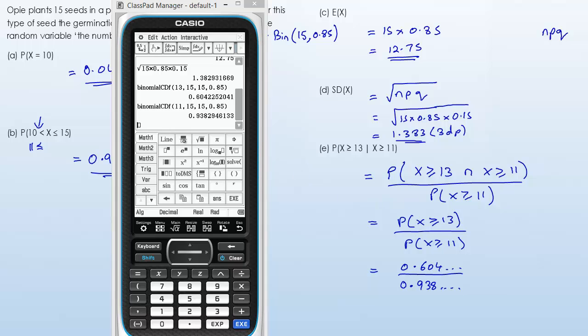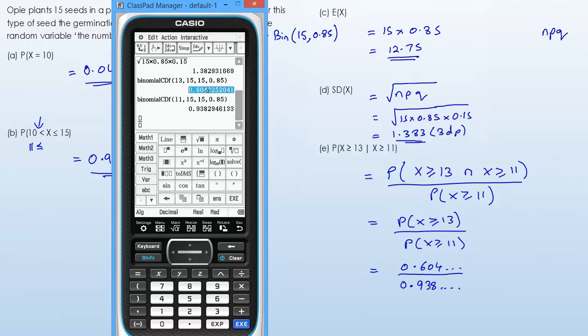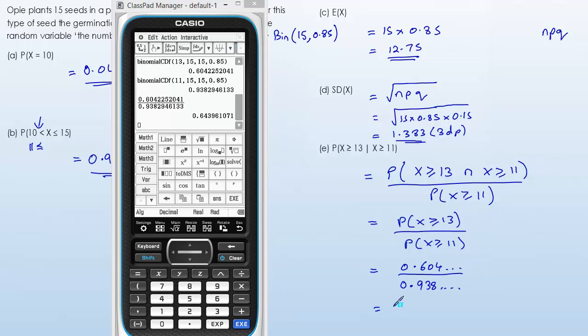And so finally we just want that one divided by that one, and that gives us 0.6440 if we go to 4 decimal places.